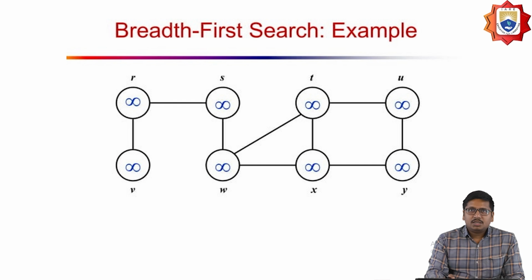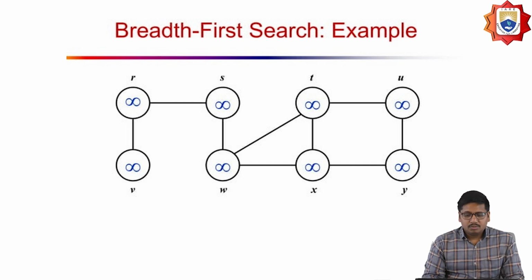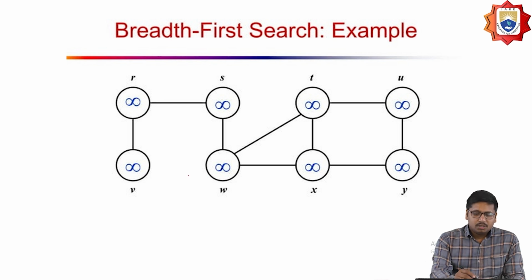Let us consider an example like this. Initially, I mark all the vertices as unvisited. First, I choose the starting vertex.